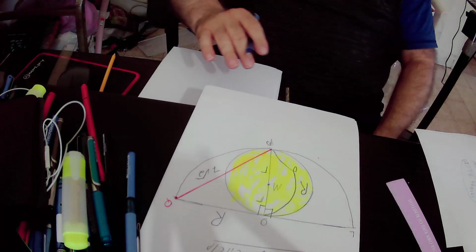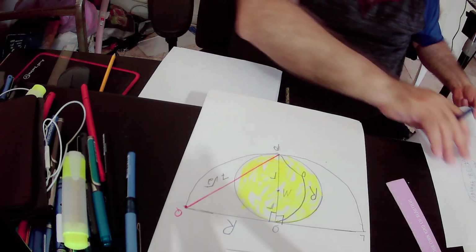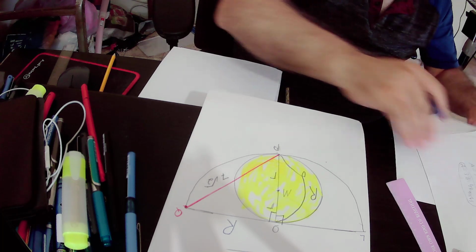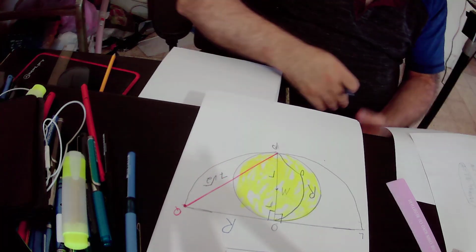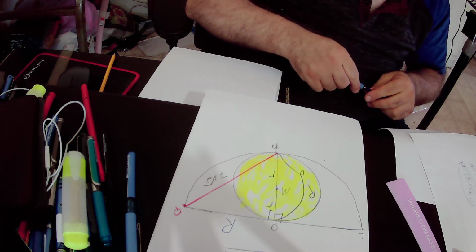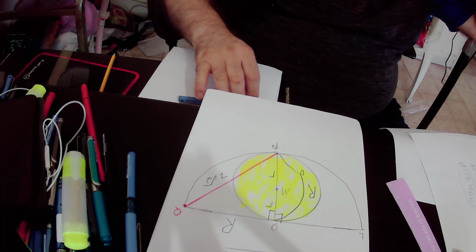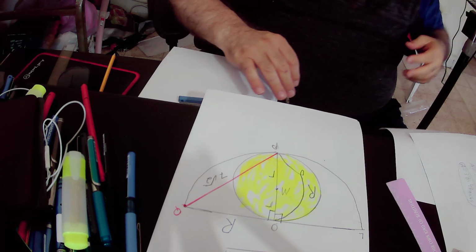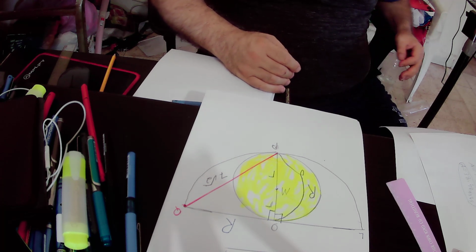As you can see here, we actually got that the small r equals 3.5 units, and we substituted in the formula of the area of a circle, that is A equals pi r squared.